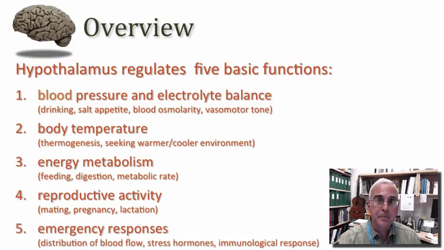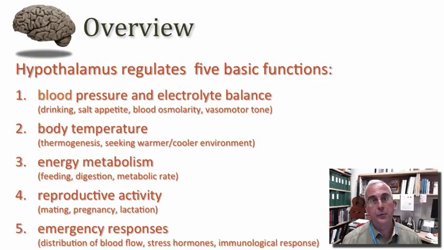And then lastly, the hypothalamus is very important for coordinating the responses that support what we call allostasis, that is, changing the internal environment of the body in order to respond to emergency conditions. So the hypothalamus is involved in coordinating the distribution of blood flow to where it's needed most, given the contingency that we're faced with.